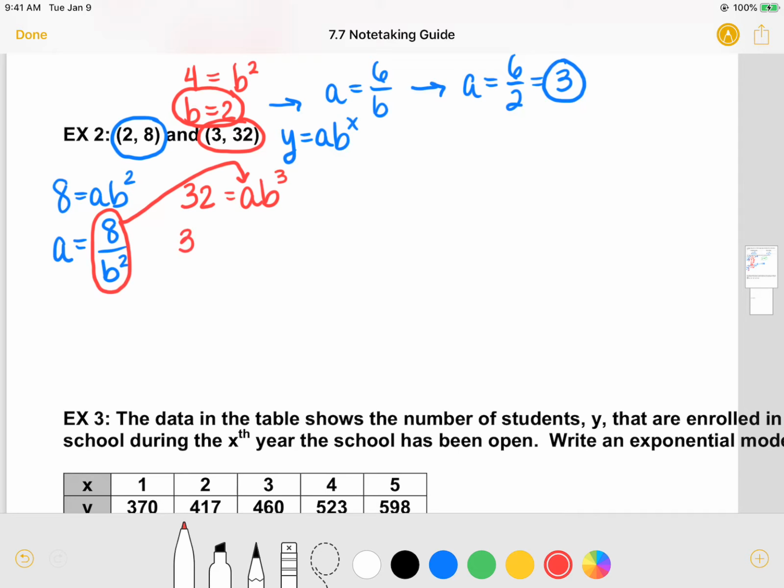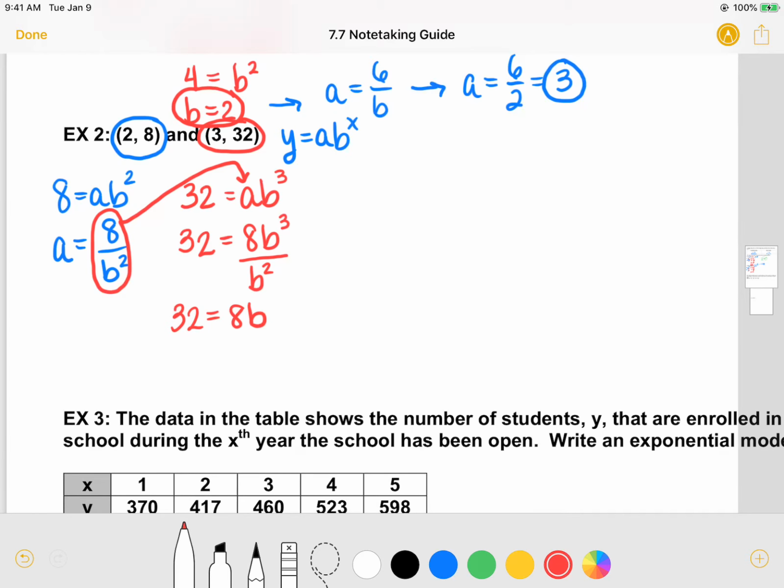So we have 32 is equal to 8b cubed divided by b squared. Okay? So b cubed divided by b squared is just b to the first power. So we're going to simplify and say that 32 equals 8b.